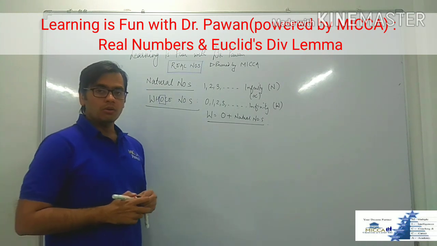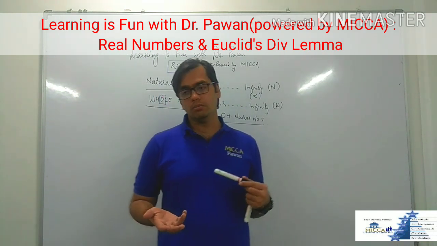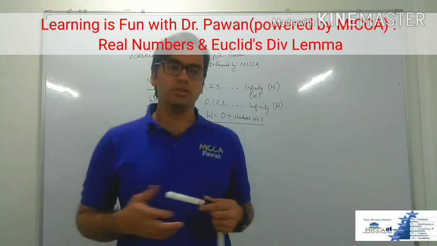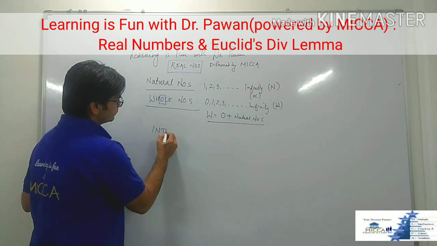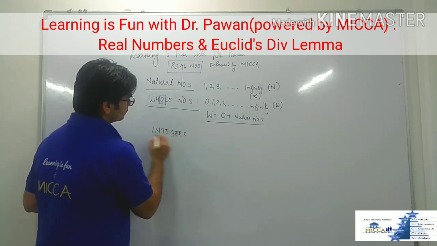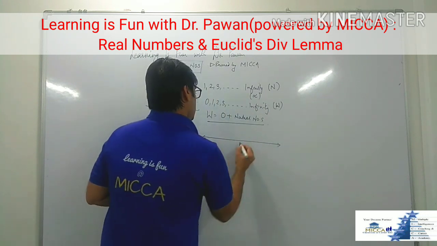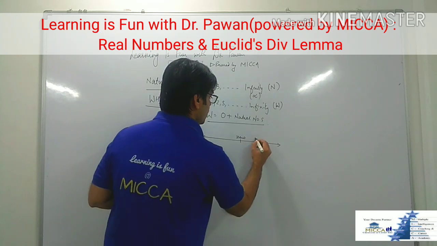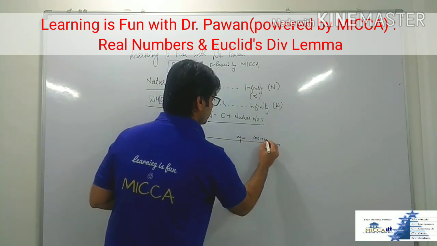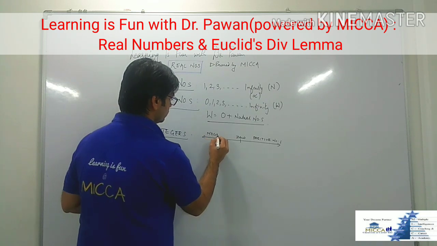Now we get the next set of numbers, which are your integers. Integers are the set of all those numbers where you have 0, positive numbers and negative numbers.